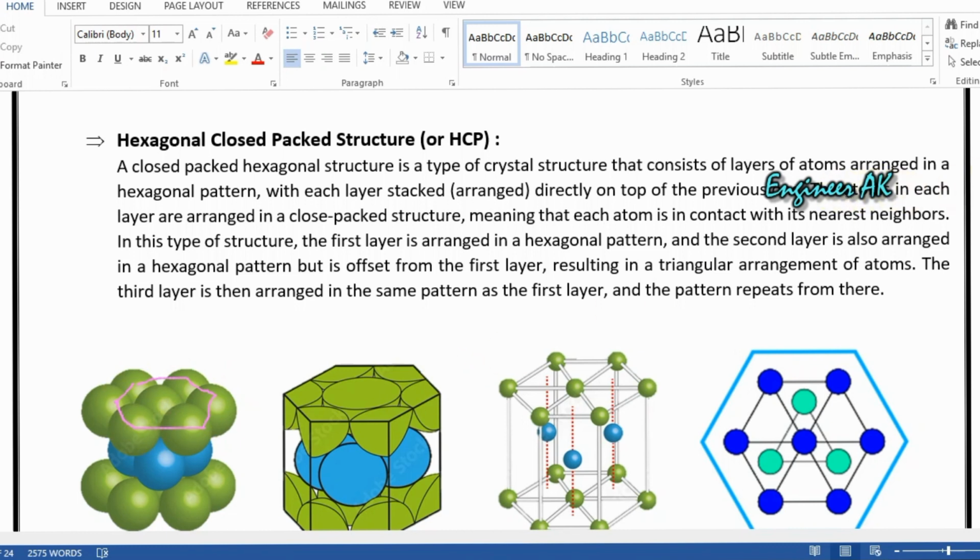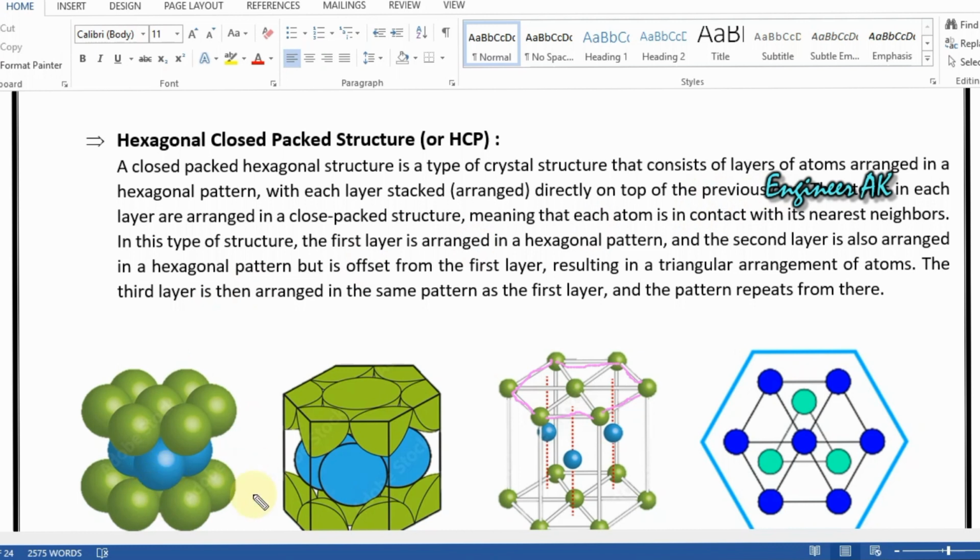Like if we see here, you can clearly see that in diagram third, it is making a hexagonal structure, and then arranged in a hexagonal pattern with each layer stacked directly on top of the previous one.